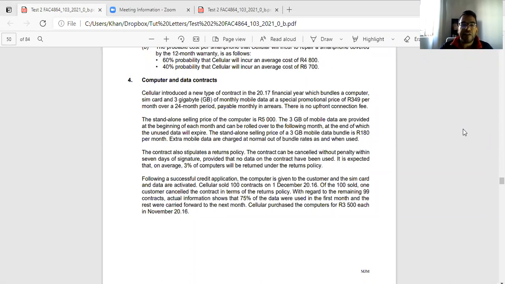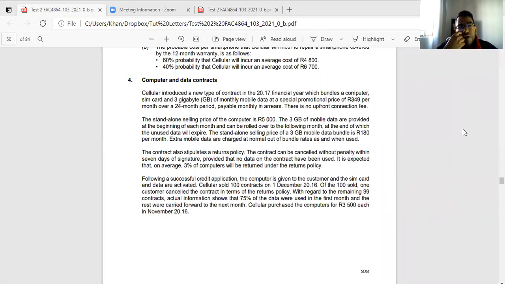So that means you can only recognize revenue for January based on how much of that data was used in January. Because remember, effectively, every month's data can be used over 2 months. So you're going to have to do that allocation. The reason why they do that allocation, it seems insignificant over here.